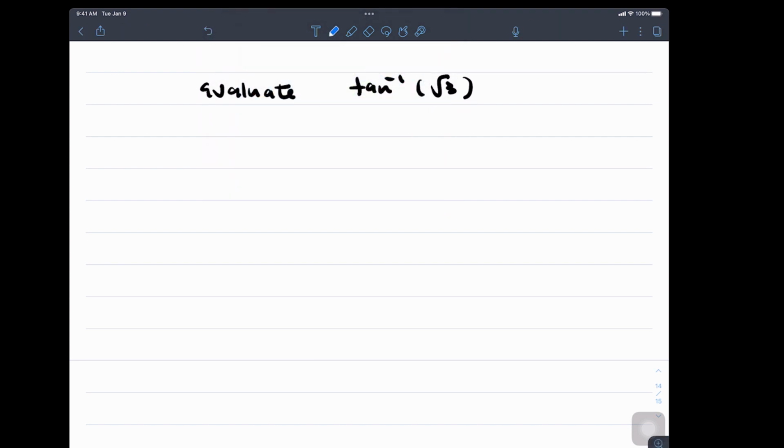What's your process? You let theta be what? Inverse tangent square root of 3. Is that right? Then what does that mean about tangent theta then? So tangent theta becomes what? Square root of 3. Easy breezy lemon squeezy.